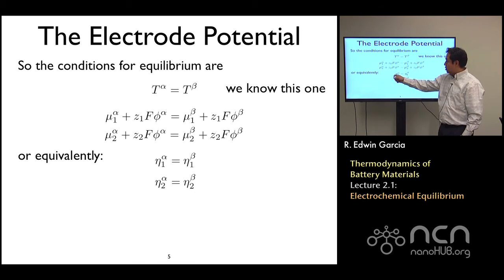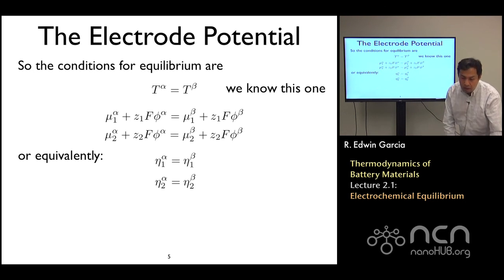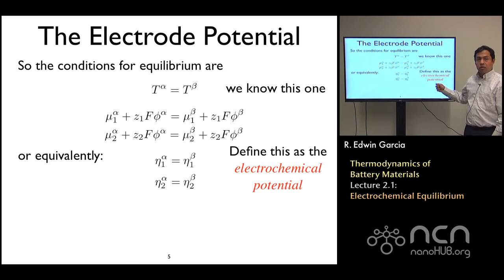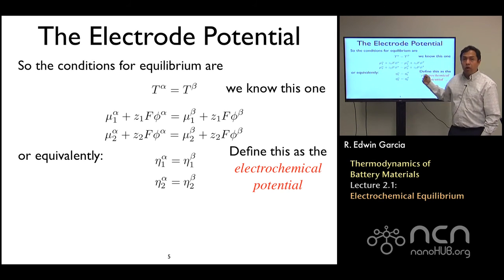In this case, I'm going to use the symbol eta. We're saying eta 1 alpha equals eta 1 beta, and the same for component 2. People define this number as the electrochemical potential. What we're saying is that when a system is at equilibrium, the electrochemical potential, this quantity that we have specified, is uniform across the system.